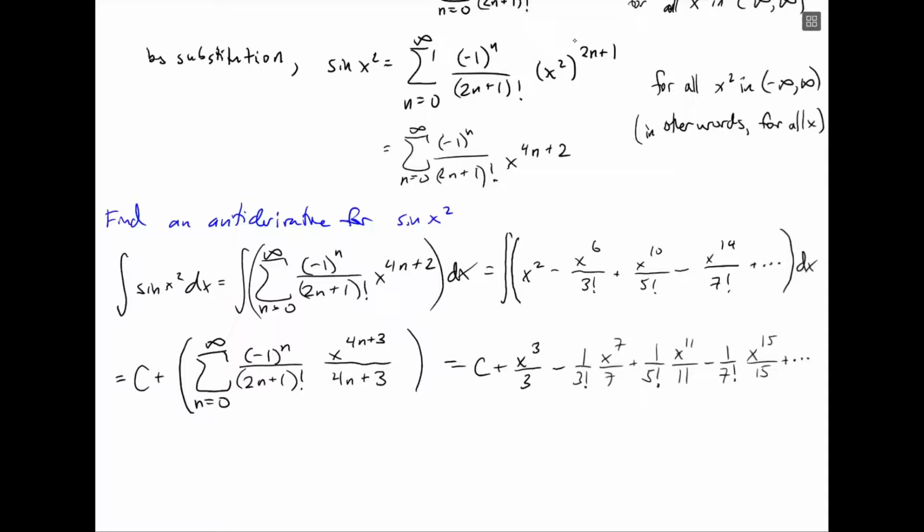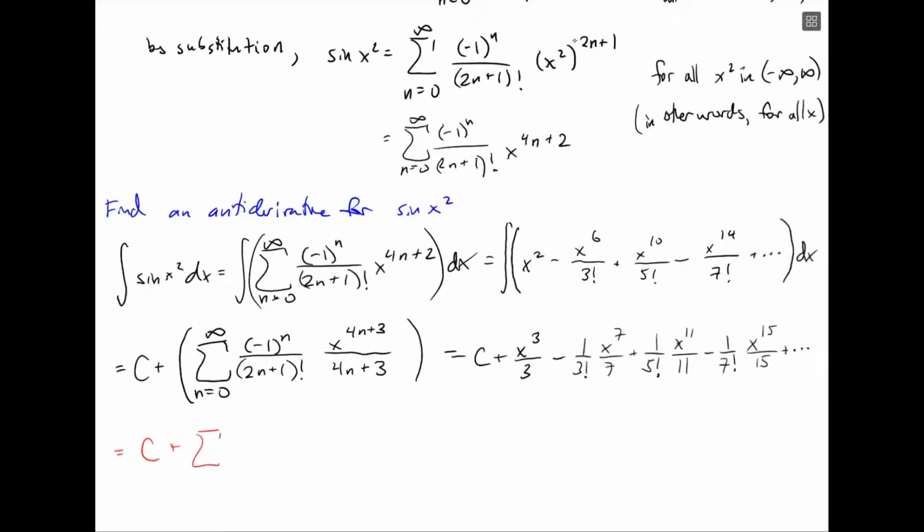Because for instance, there are a number of ways that we could re-index this. So for instance, if I wanted to instead do a sum from k equals 1 to infinity, then it would happen that k would need to be equal to n plus 1, or in other words, n would be equal to k minus 1.